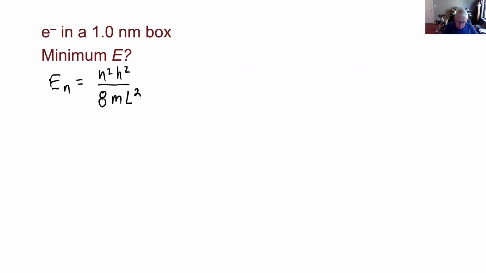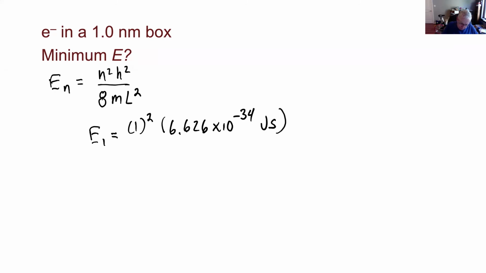I want to do this for n equals 1, and so I could write that E_1 is equal to n squared is 1, so I'll just write that in there explicitly, even though it's not going to do anything. I get 6.626 Planck's constant, again working in SI units, as is my general preference.